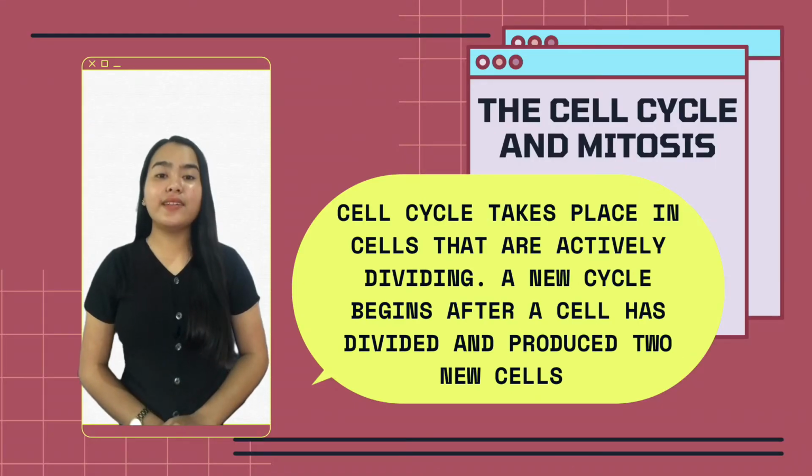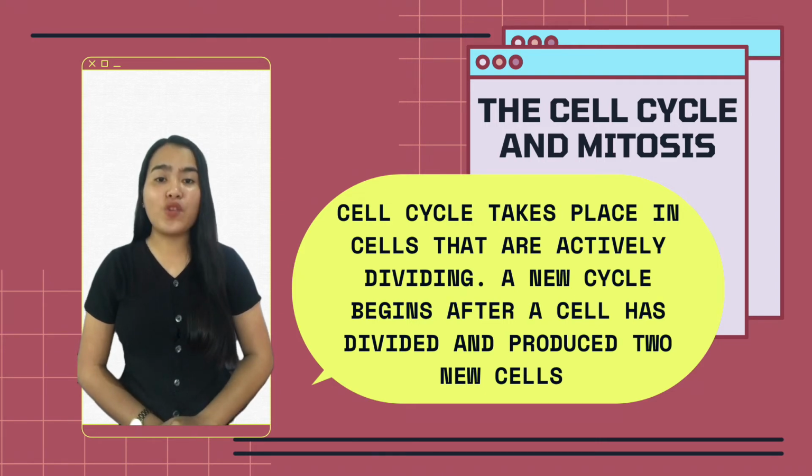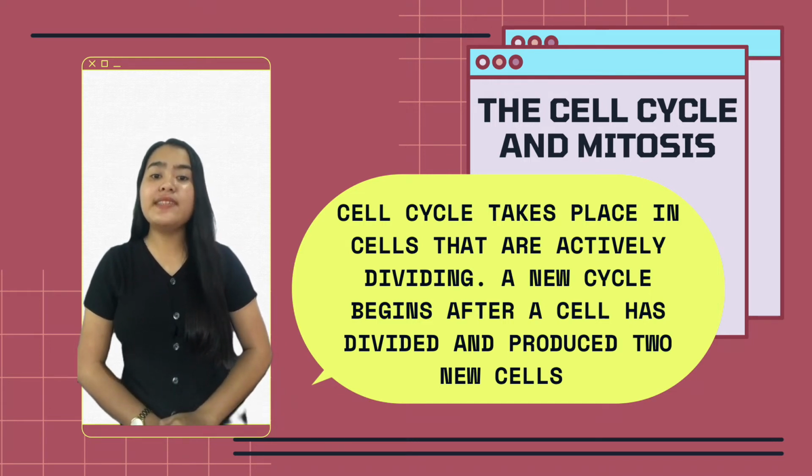The cell cycle takes place in cells that are actively dividing. A new cell begins after a cell has divided and produced two new cells. Each new cell grows, develops, and carries out the functions specific to its cell type. At the end of the cycle, the cell divides to produce two cells, which can then undergo additional cell cycles.